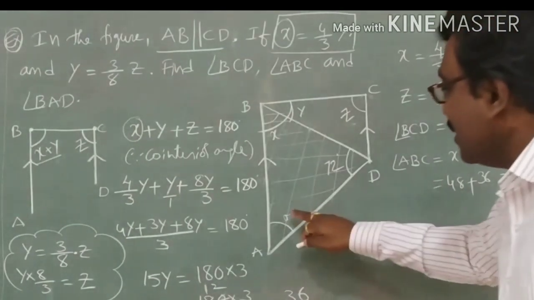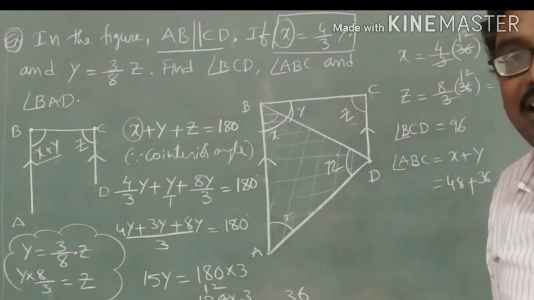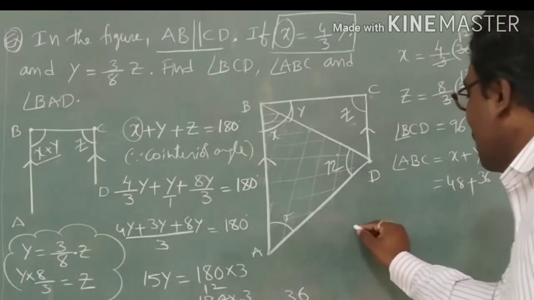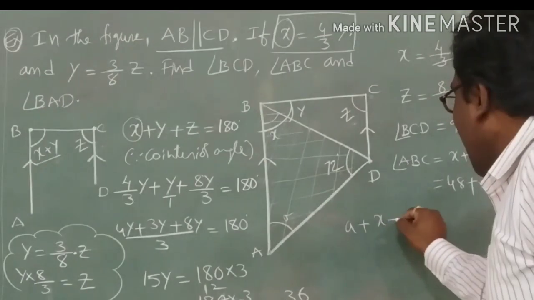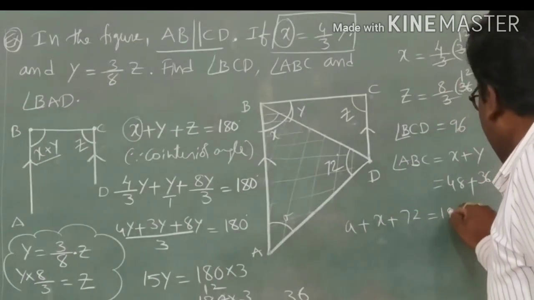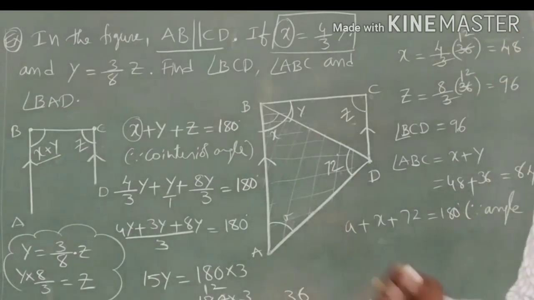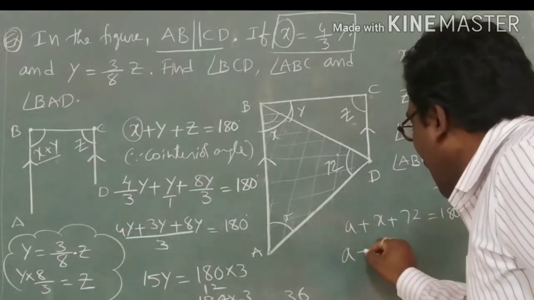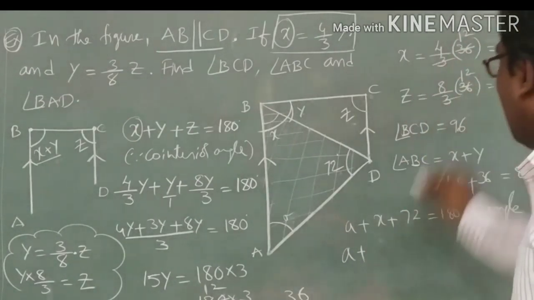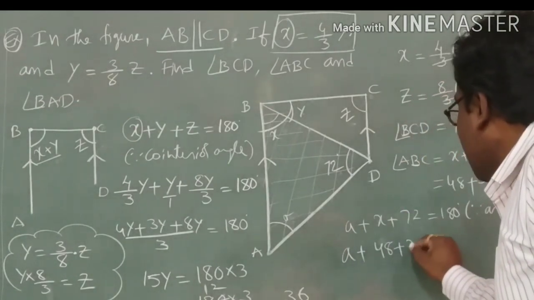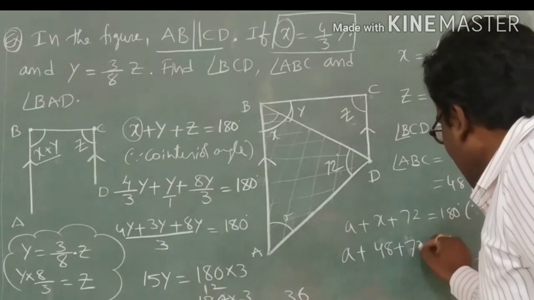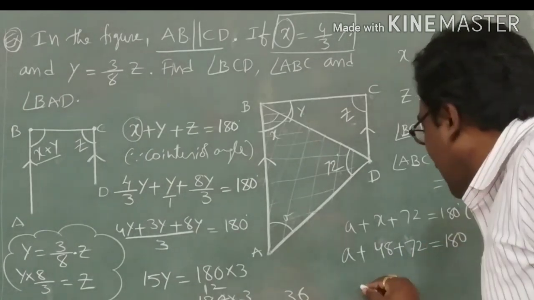Right? Triangle. So sum of three angles in a triangle is 180 degrees, because A plus x plus 72 is equal to 180. Since angles are property of a triangle. A, I should find out. X value 48, plus 72 is equal to 180.